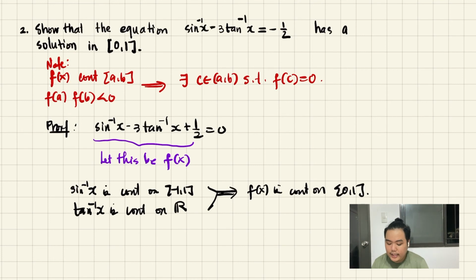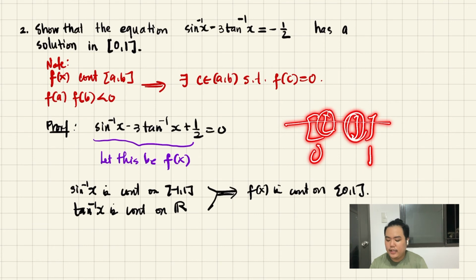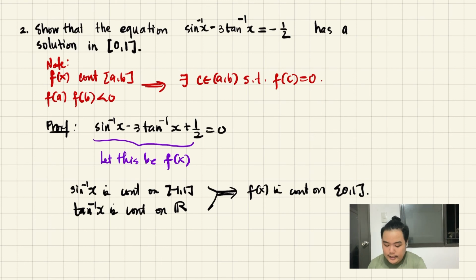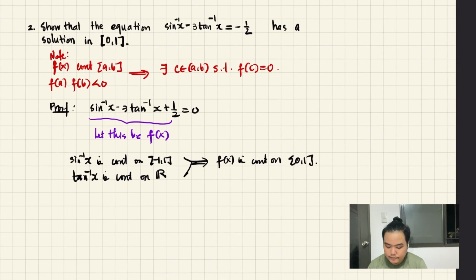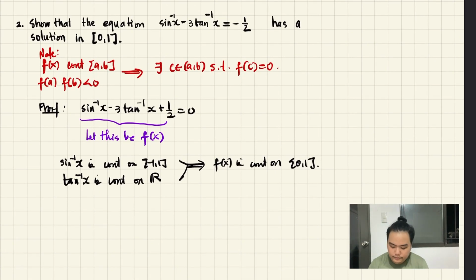Hopefully, we get lucky and f of 0 and f of 1 have opposite signs. If they are not opposite signs, we shrink our interval 0, 1 and hope the c we are looking for gets trapped there. Let us check. What is f of 0?